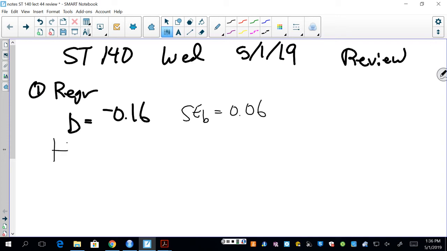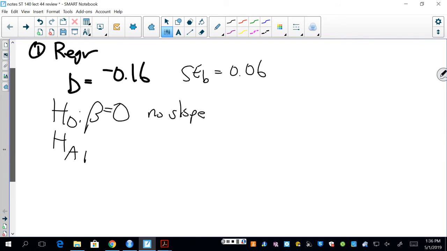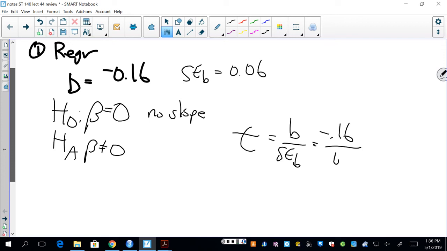And if we wanted to test the hypothesis that the slope is 0, no slope, no association, versus the alternative that the slope is not equal to 0, we're going to calculate the t-statistic, that's the estimate divided by the standard error. So negative 0.16 over 0.06, and it turns out to be negative 2.67.